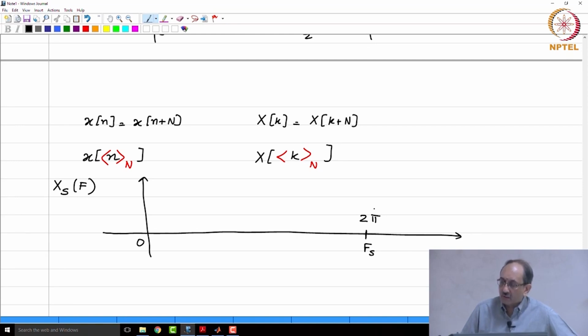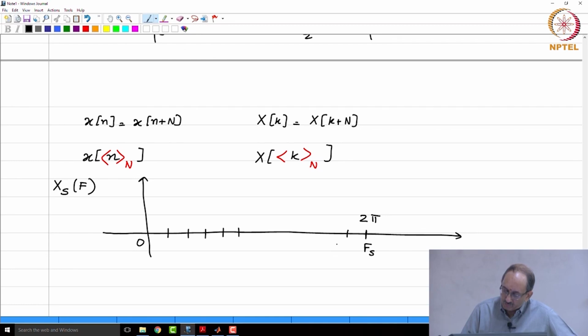Now our goal is to convert the DTFT back to hertz, but in practice we will only be dealing with the DFT, because that is the only thing that is machine implementable. Therefore, we cannot compute the DTFT on a machine, we have to compute the DFT. But what are we doing as far as the DFT goes? We are taking the interval 0 to 2 pi and dividing it into N points.